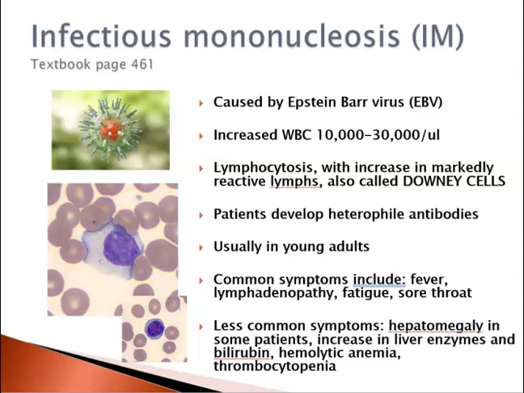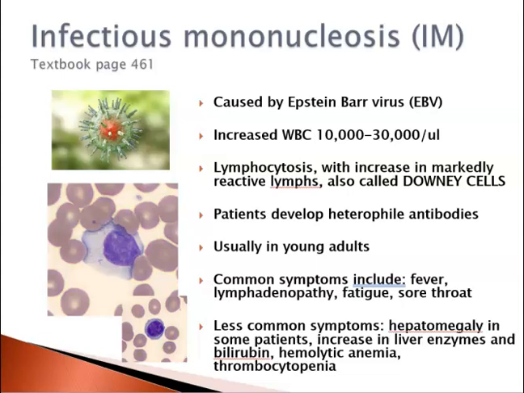A specific antigen belongs to a specific antibody. But in this instance with infectious mononucleosis, that relationship is not as defined. So heterophile antibodies start linking up with antigens that are not specific for that particular antibody.